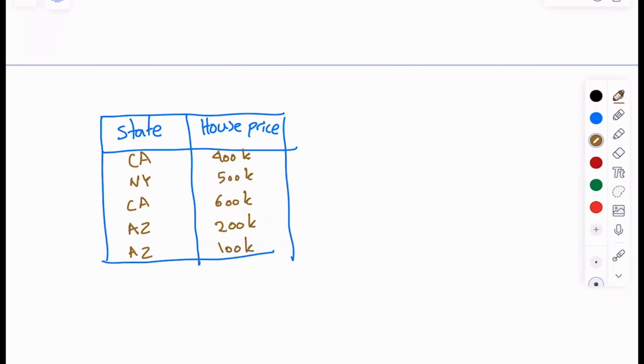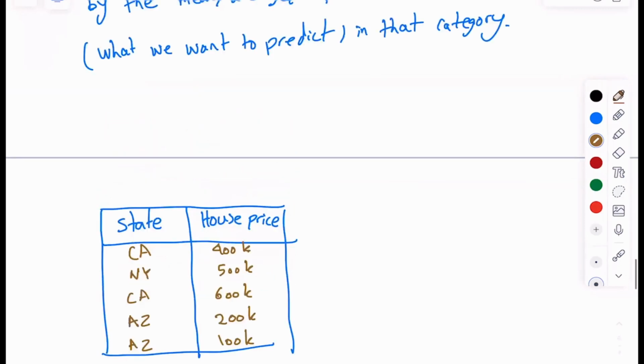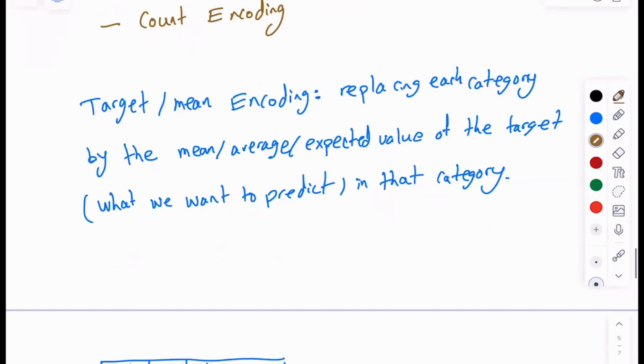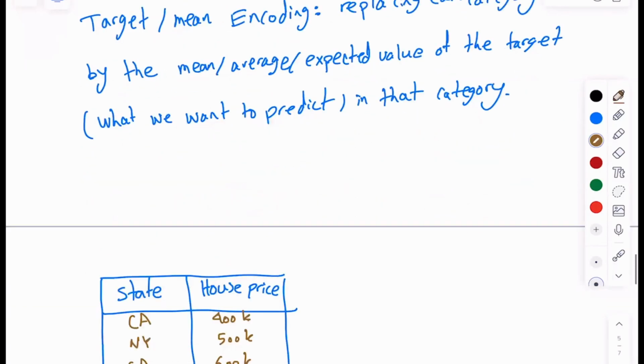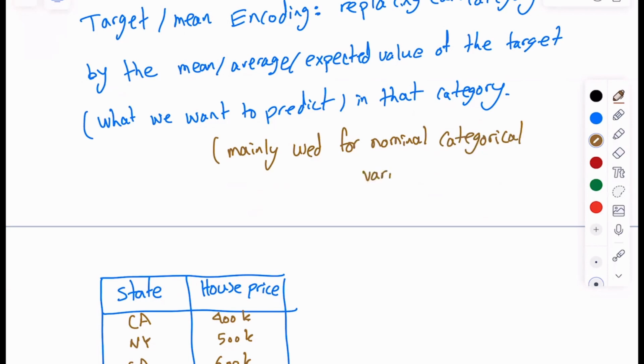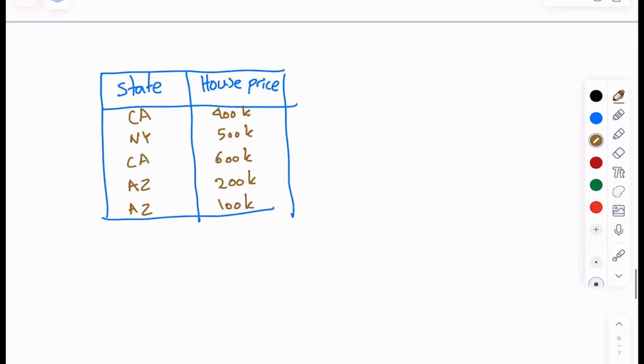When you look at the state, you see that it is a nominal categorical variable. So target encoding is mainly used for nominal categorical variables, when there is no ordering. So a state is nominal.